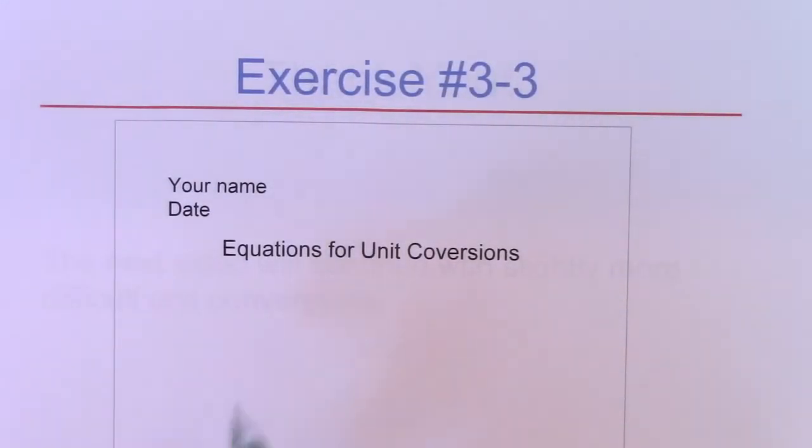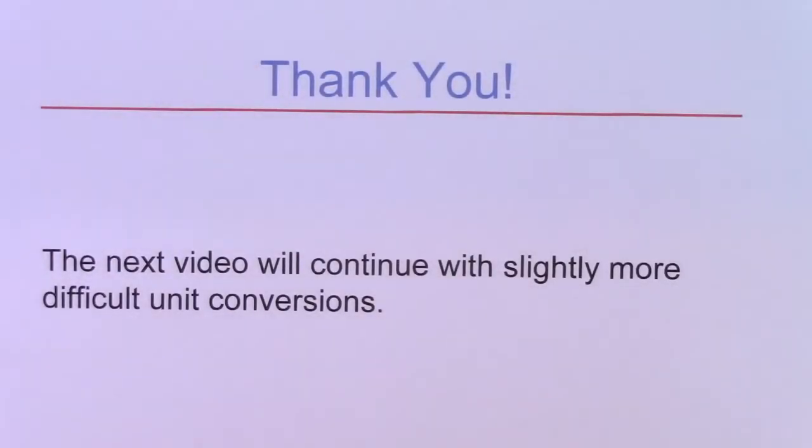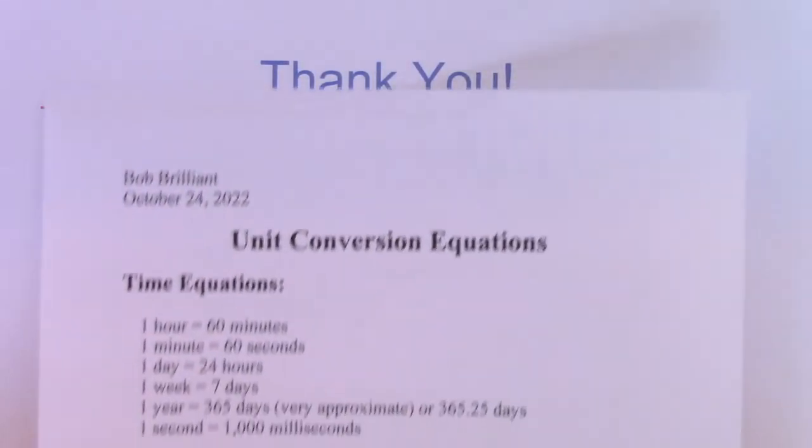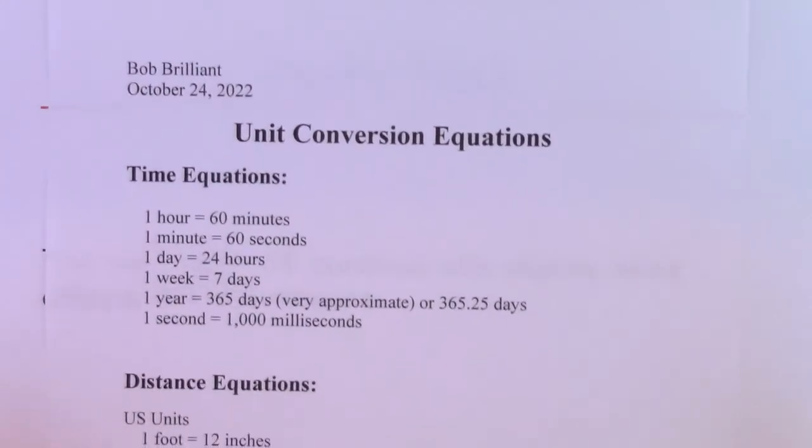So begin by writing your name and date and the title Equations for Unit Conversions. And then restart the video. Okay, you've restarted by now, and here's what I would like you to write.